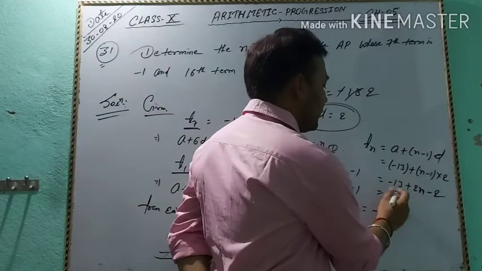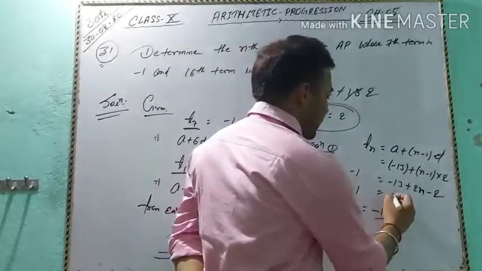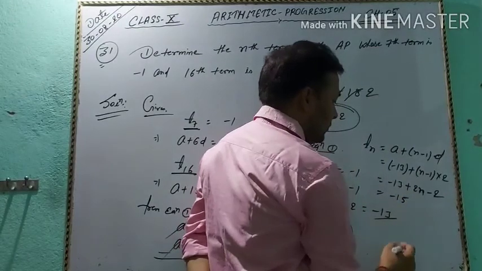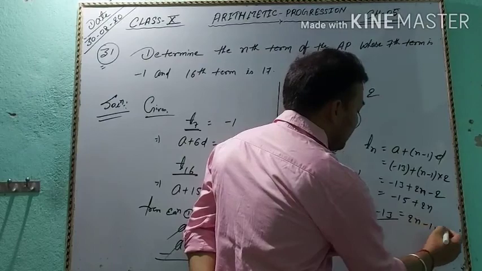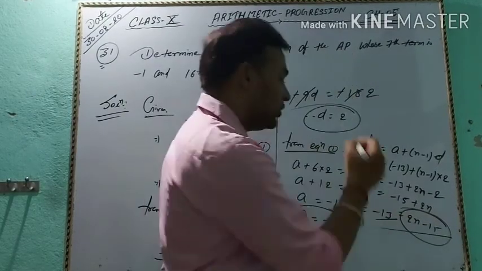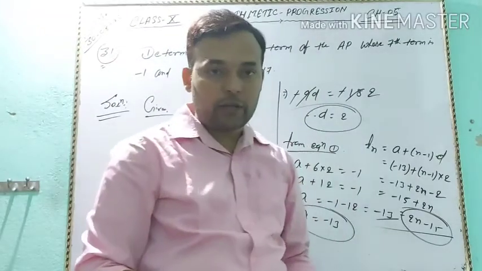Minus 13 and minus 2 equal to minus 15 plus 2n, that is 2n minus 15 is the nth term. 2n minus 15 is the nth term. Okay, thank you.